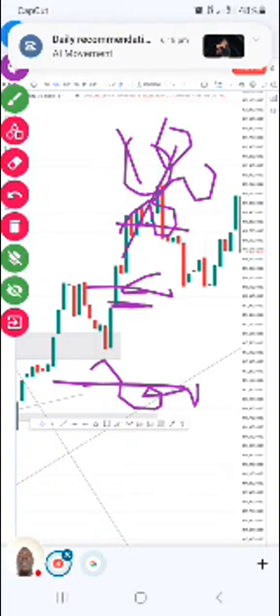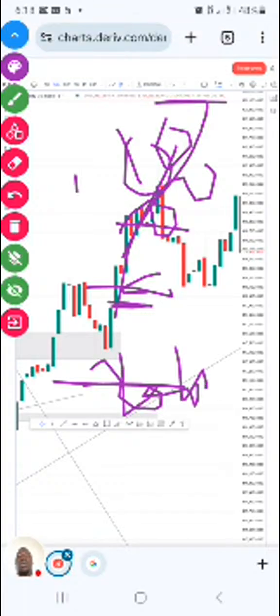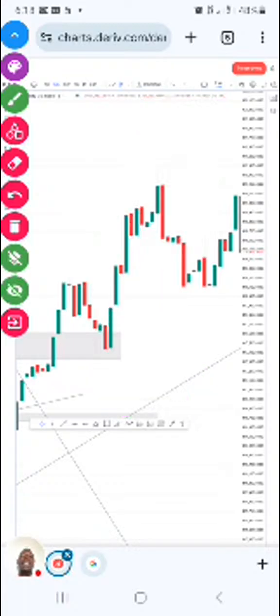You leave that entry to run and hit your TP. Instead of making $40, you are going to make 1.5. Are you getting the point? You're going to make 1.5. So that is the trade, how you can manage it.